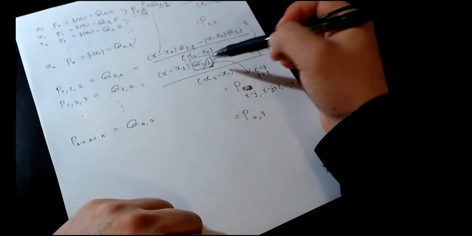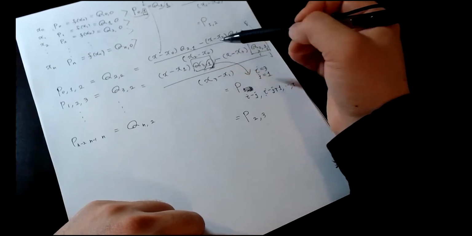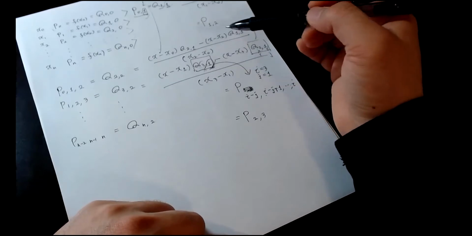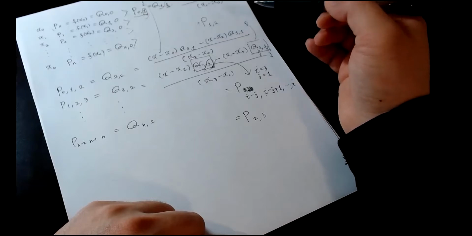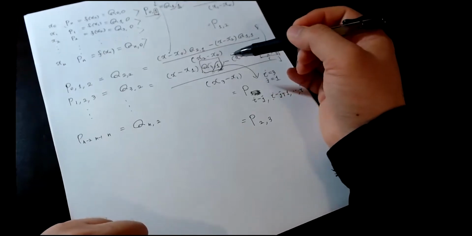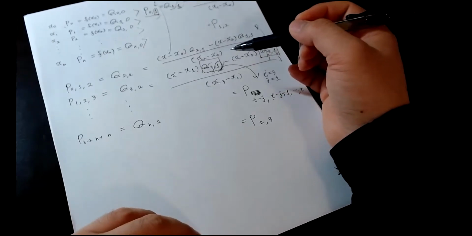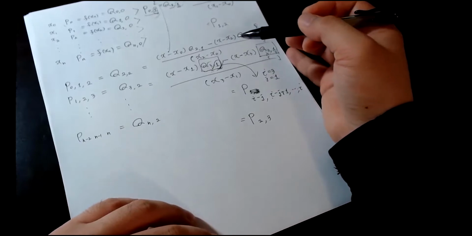So x minus x1 times that Lagrange polynomial must interpolate f of x at all nodes except for x1. Now it makes sense.